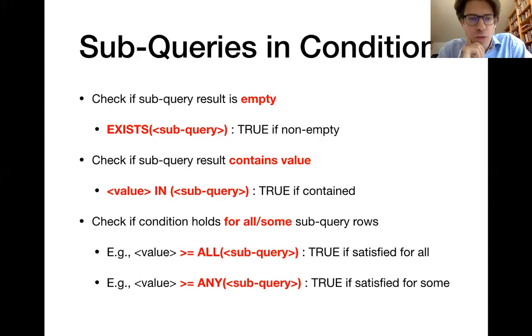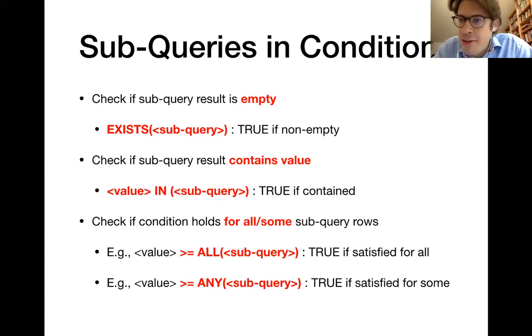One operation that you commonly use in the context of subqueries is this exists expression, and that checks whether the result of a subquery is empty. We'll also see some more examples on that. So that is commonly used.